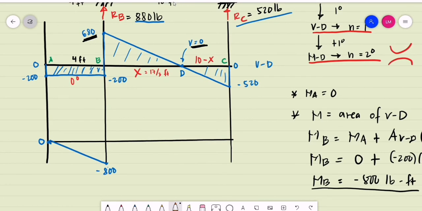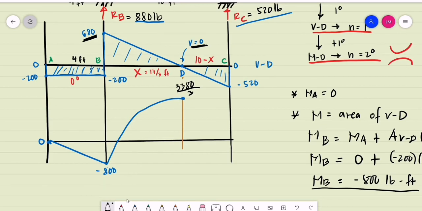So we have the moment at point D. It is a curve that opens downward, and its magnitude, based on our computation, is 3,380 over 3.